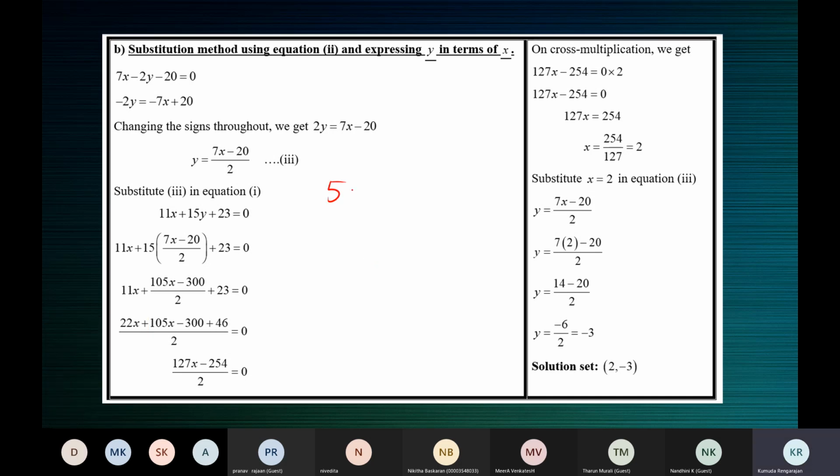What is 5 plus 2 by 3 minus, let me say, some 6y? What's the LCM here?